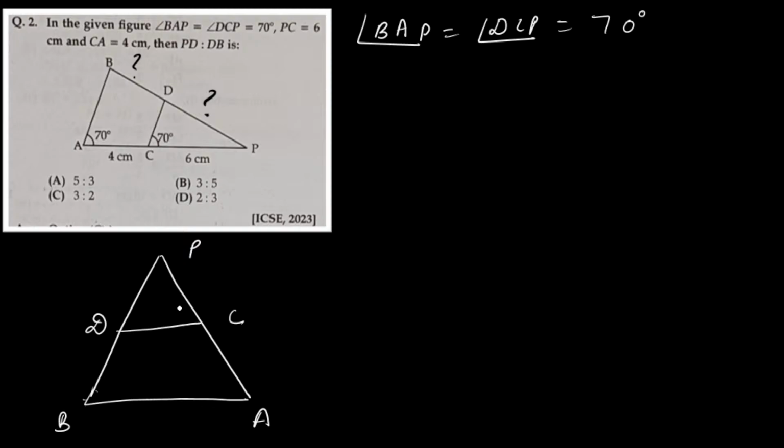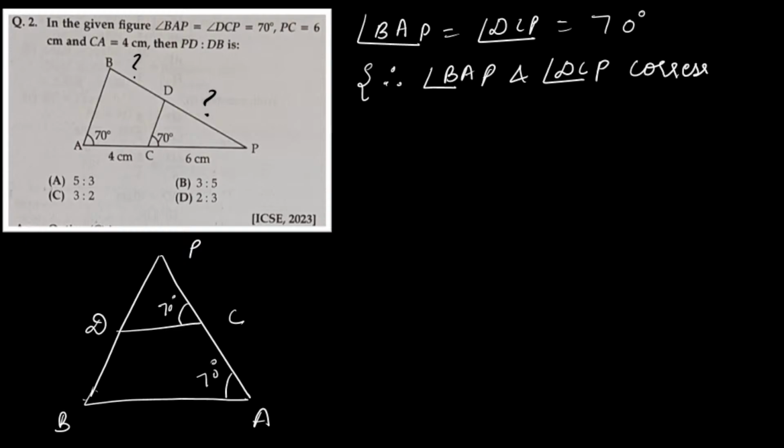Okay, so this angle is equal to 70 degrees. This is also equal to 70 degrees. If these two angles are equal, Nikita shared the answer 3 is to 2. Okay, let's see whether the answer given is correct. So these two angles are equal. That means they make a pair of corresponding angles.